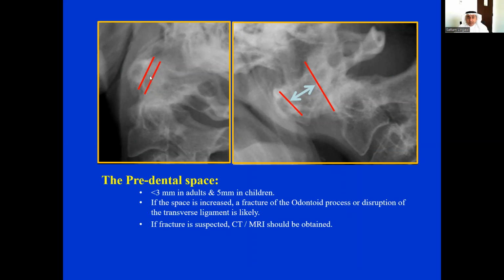And notice the predental space, or the space between the anterior cortex of the odontoid process and the posterior cortex of the anterior arch of C1. It's usually 2 to 4 millimeters, and see how significantly widened it is in the flexion view, which indicates disruption of the transverse ligament that hugs or connects the odontoid process to the back of the anterior arch of C1 and stabilizes the junction.